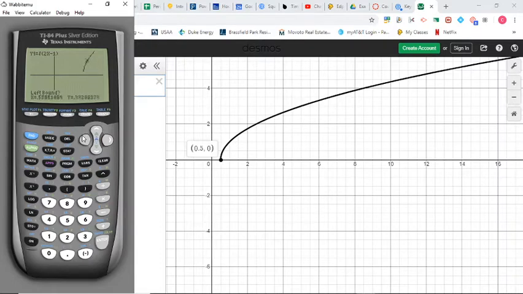So if I try to go to the left, okay, if you guys see, I'm not even on the graph. If I hit enter, and then if I scroll the other way, now I'm to the right of the 0 and hit enter. See, it doesn't really let me calculate it because I had to go off of the graph to scroll to the left. So if you see, sometimes your graphing calculator limits you on a square root graph.